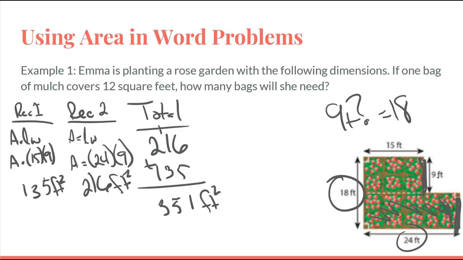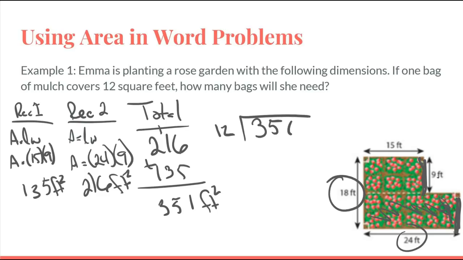Now each bag of mulch is 12 square feet. So to figure out how many bags she'll need to cover 351 square feet, I have to divide 351 divided by 12. And figure out how many bags she's going to have to buy.